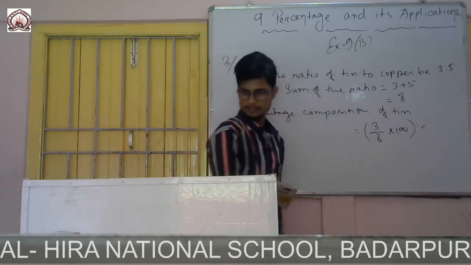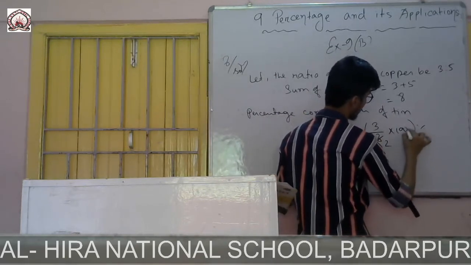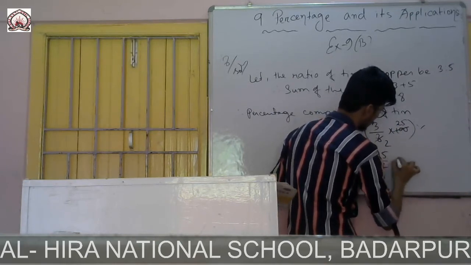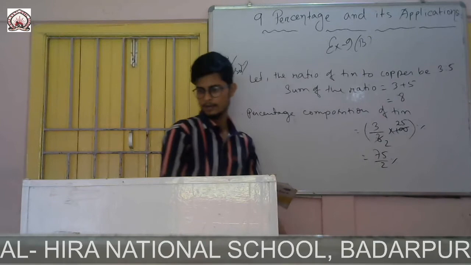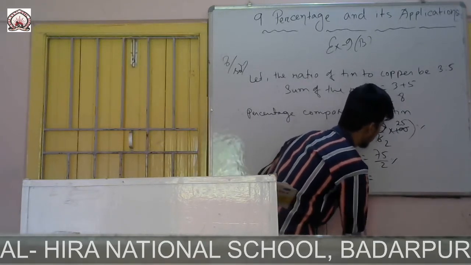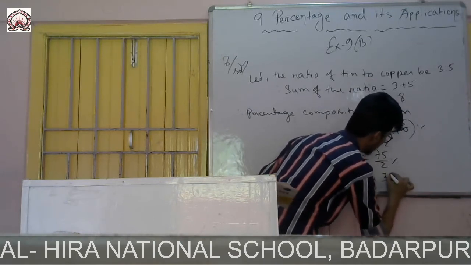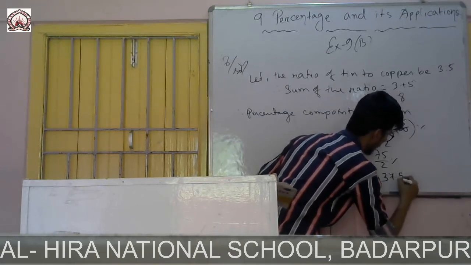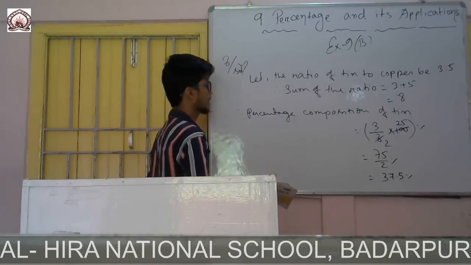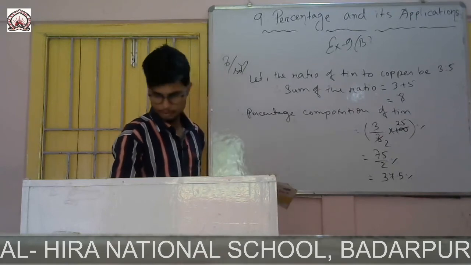You can cancel it with 2. 4 2s are 8, 4 25s are 25 into 3, it is 75 by 2%. If you divide 75 by 2, it is 37.5. So the percentage composition of tin is finished. Now you find the percentage composition of copper.